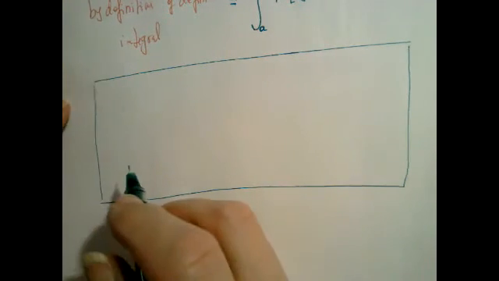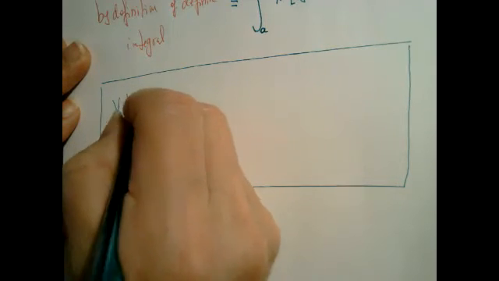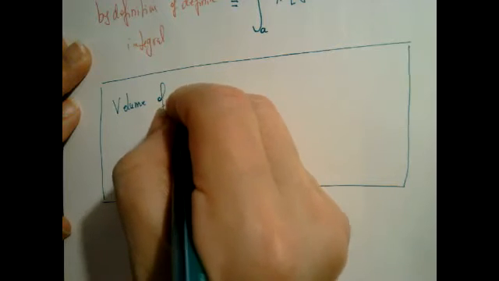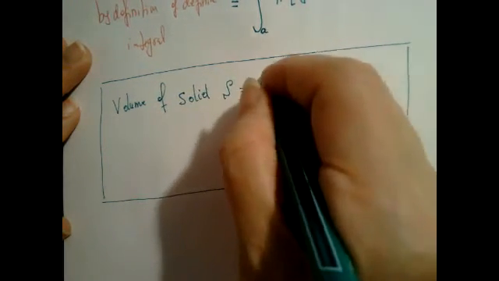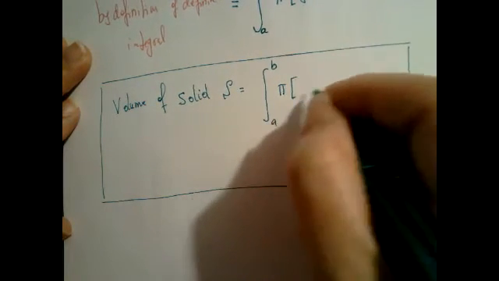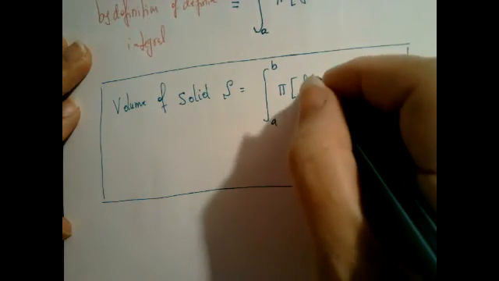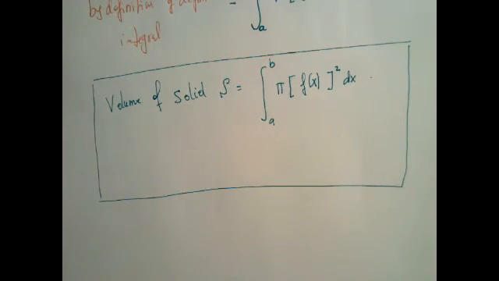The volume of the solid of revolution is given by this integral. I urge you not to memorize the formula. The only thing you have to know is the volume of a cylinder, and the formula will follow very easily.